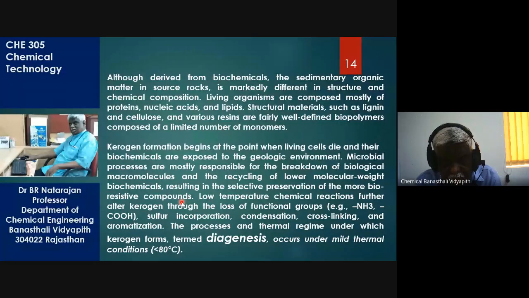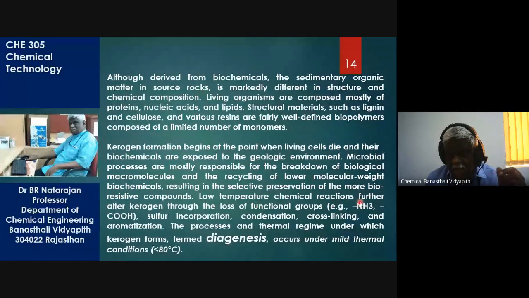The chemicals which were not bioresistive got broken up, and what stayed back were the more bioresistive components, those which were not attacked by the microorganisms.